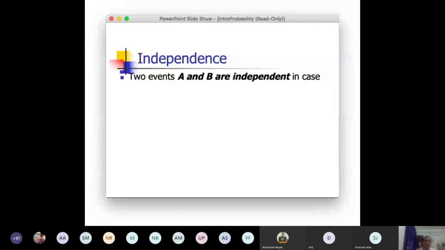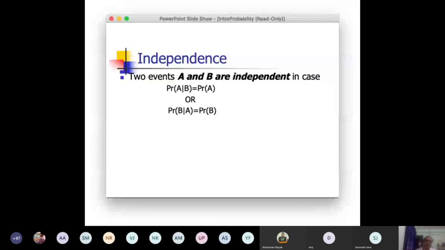We say two events A and B are independent in case probability of A given B equals probability of A. So if B occurs, the probability of A is not getting affected. That is the way we are defining independence. Independence is mutual.